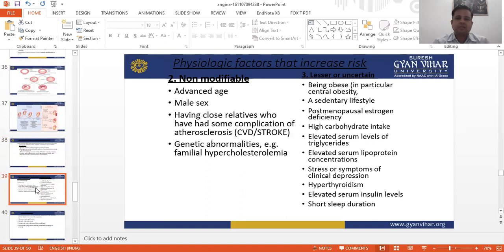Lesser or uncertain risk factors include being obese, in particular central obesity, a sedentary lifestyle, postmenopausal estrogen deficiency, high carbohydrate intake, elevated serum levels of triglyceride, elevated serum lipoprotein concentrations, stress or symptoms of clinical depression, hyperthyroidism, elevated serum insulin levels, and short sleep duration.